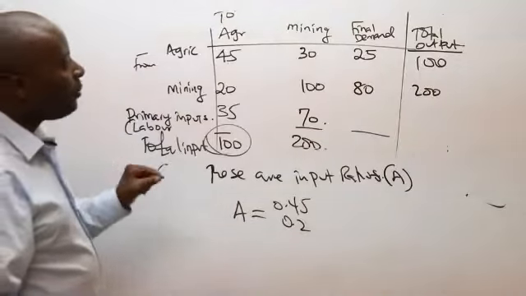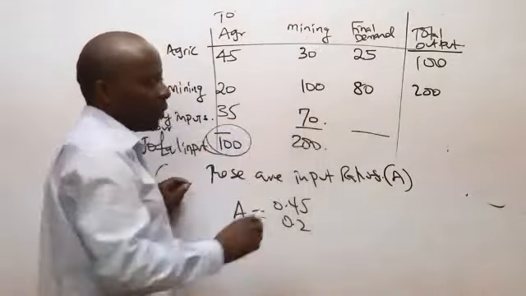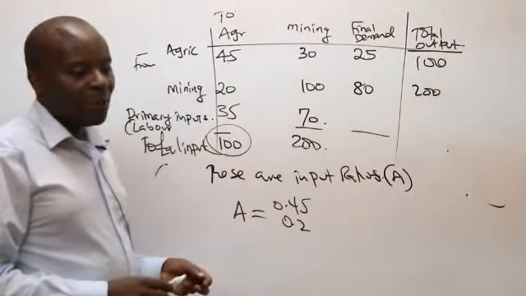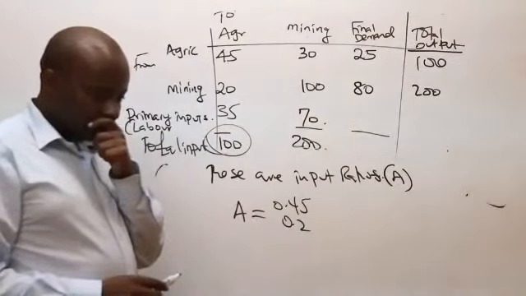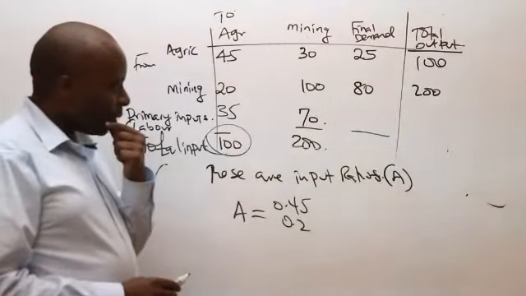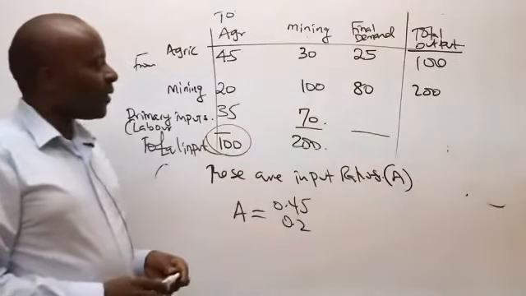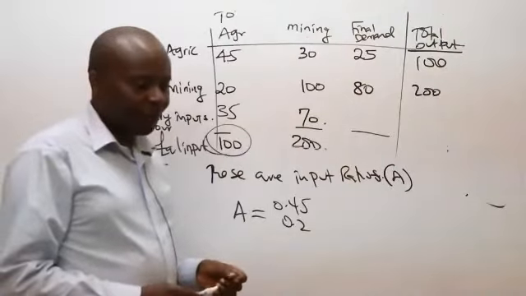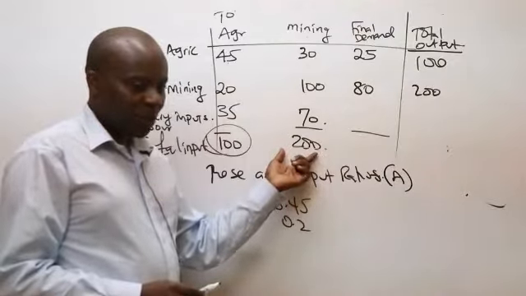How about the input ratios of mining, if you're following? What will the input ratios of mining be, somebody? Just try. 0.3 and 0.1. Thanks for trying, but be more careful. What is the total input here for mining? Not 100, it's 200.